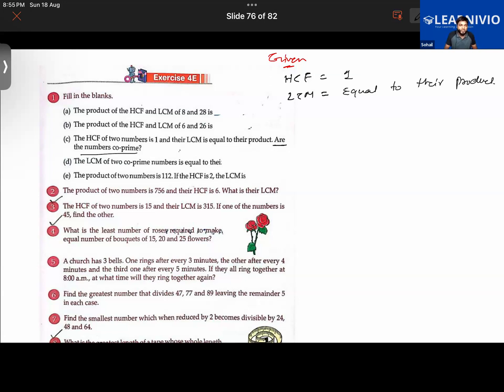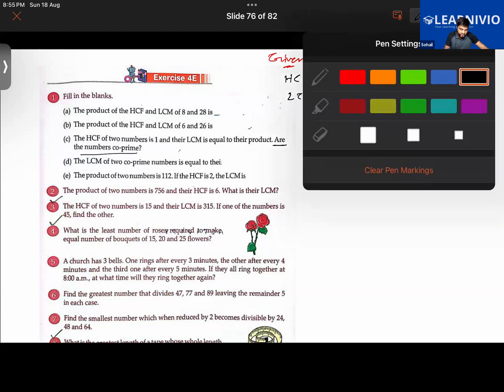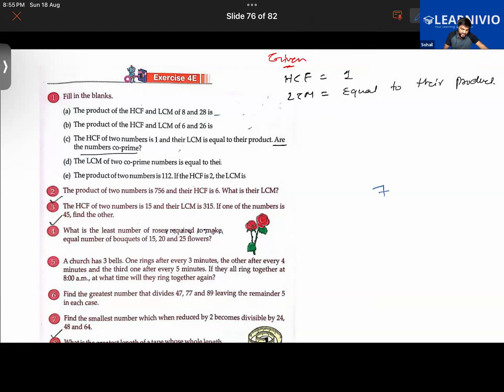Now we know that two numbers are co-prime if their HCF is 1. Remember, this is a property which we learned while discussing HCF. Let us take the example I gave you moments ago, 7 and 9. What is the HCF of 7 and 9?